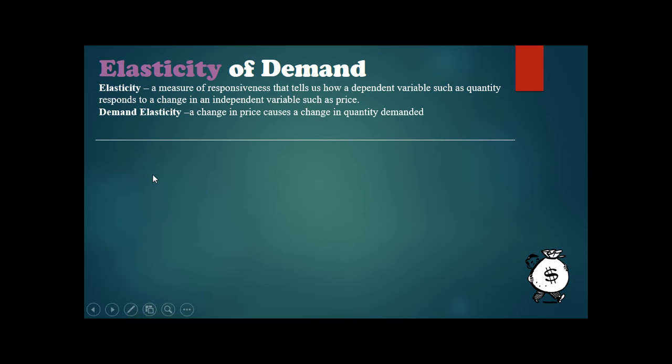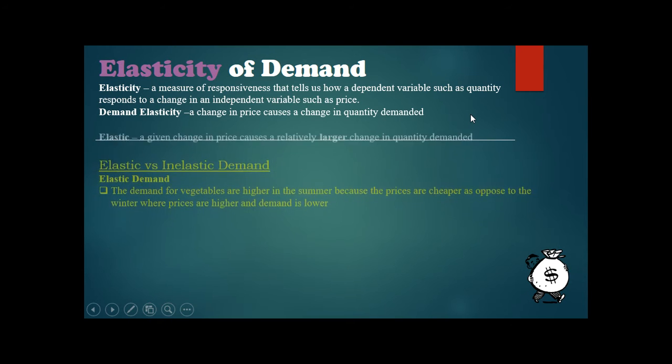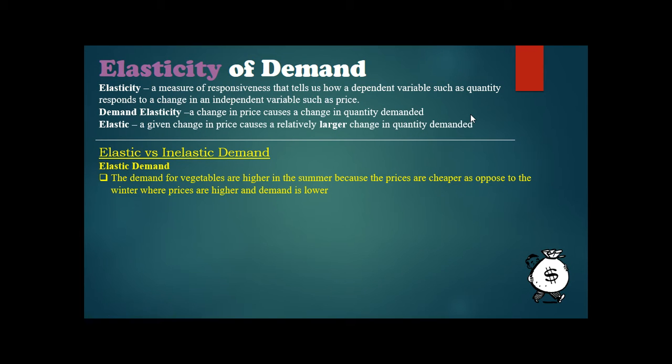Now, elastic is when a given change in price causes a relatively larger change in quantity demanded. So for example, and you can write the example in your next box, the demand for vegetables is higher in the summer because the prices are cheaper, as opposed to the winter where prices are higher and demand is lower.